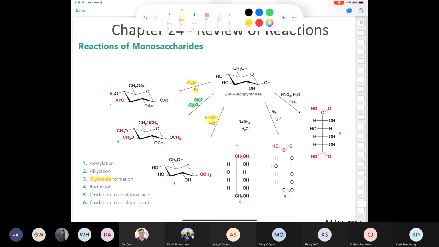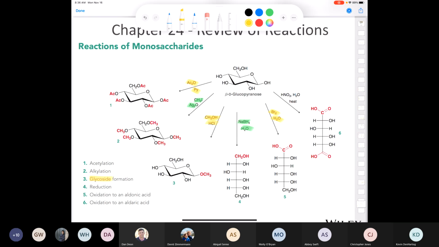If we do a reduction of the aldehyde on our aldose with sodium borohydride and water, we can reduce the aldehyde to form an alditol. So we form an alditol. Then what's next?